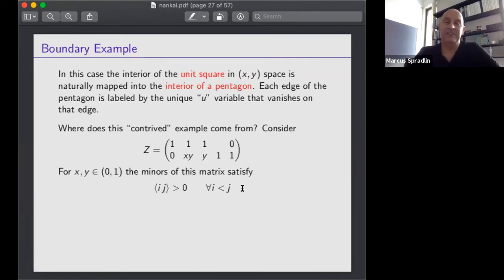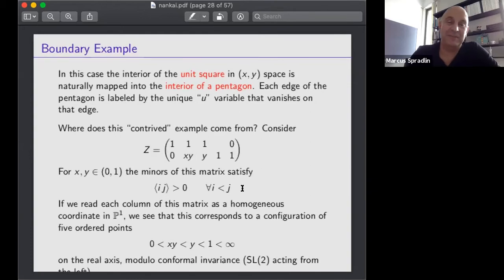Okay, now you might have thought this was a contrived example, but string theorists know very well that this is anything but a contrived example. This is basically an example of the open string moduli space for n equals 5. So if you consider a matrix of this form, and you demand that this matrix be positive in the sense that the ordered Plücker coordinates should take positive values, then that is satisfied as long as x and y satisfy the inequality given on the bottom line.